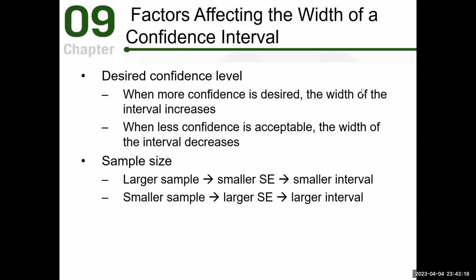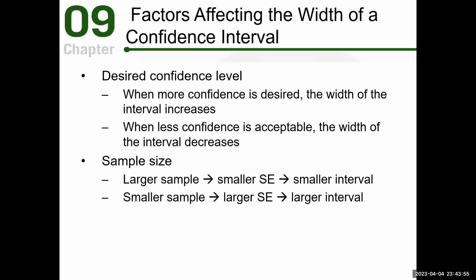So as I close up and wrap up, the desired confidence level either increases the width or decreases the width of the interval. If I go from 95 to say 99% confidence, my interval's width increases.